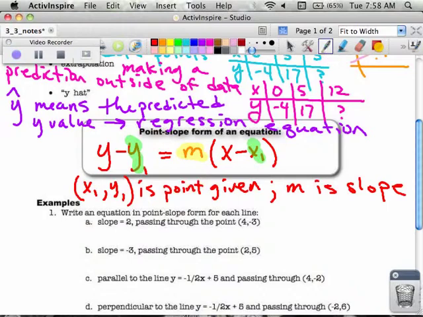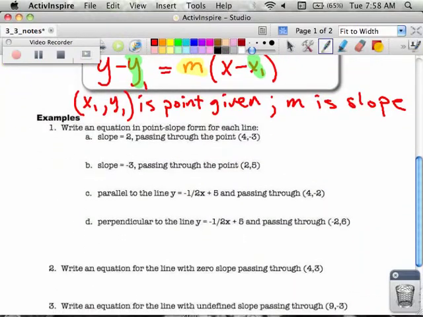Let's look at an example. So in number 1, it talks about writing equations in point-slope form for each line. They tell us the slope is 2, and it's going to go through the point 4, -3. So I would write that as y minus -3 equals 2 times x minus 4.